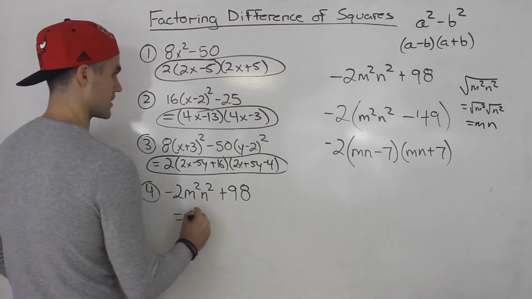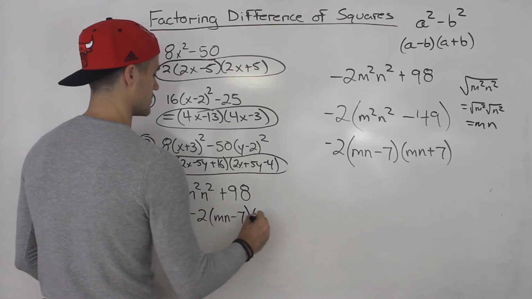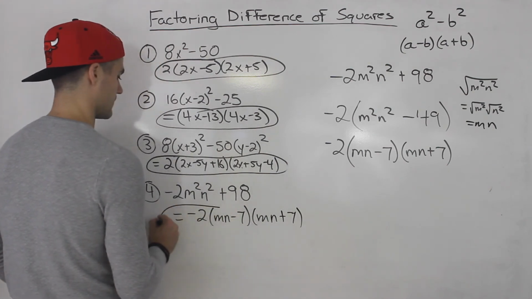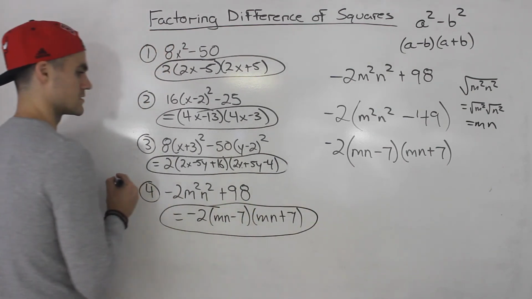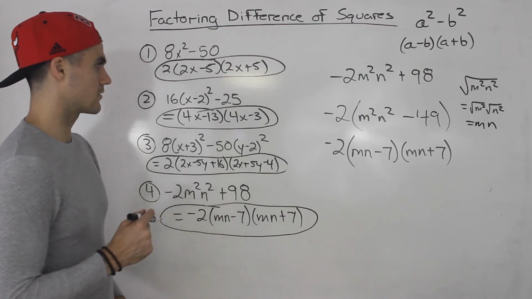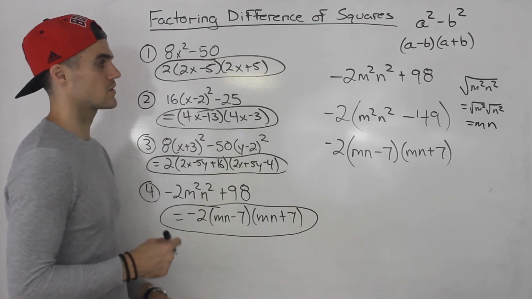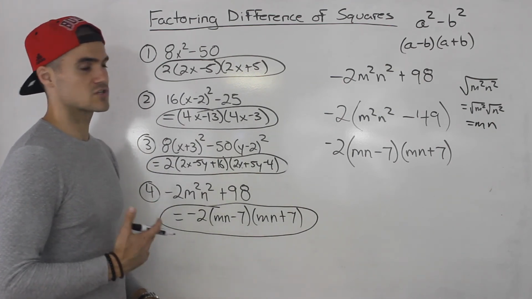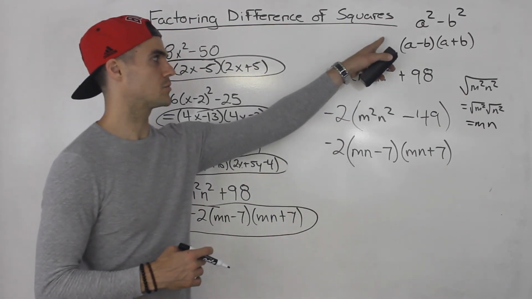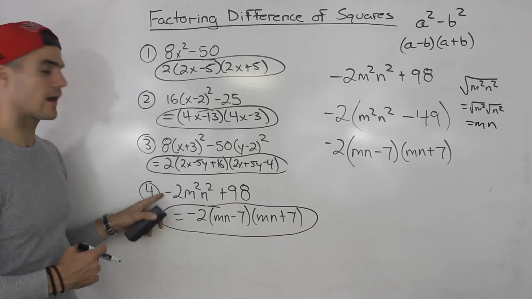So this ends up being negative 2, mn minus 7, mn plus 7. So that there is your final answer. Right? So all different cases for factoring with a difference of squares. Basically, it's all about just recognizing when you can use this formula here, even for more complex questions like 2, 3, and 4.